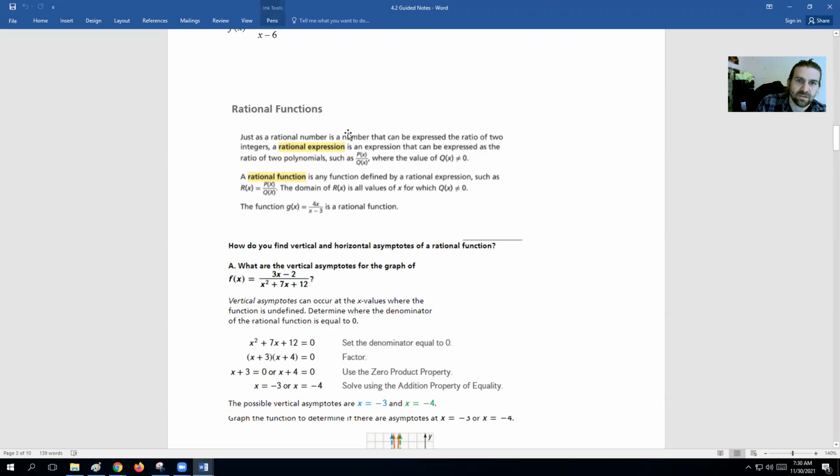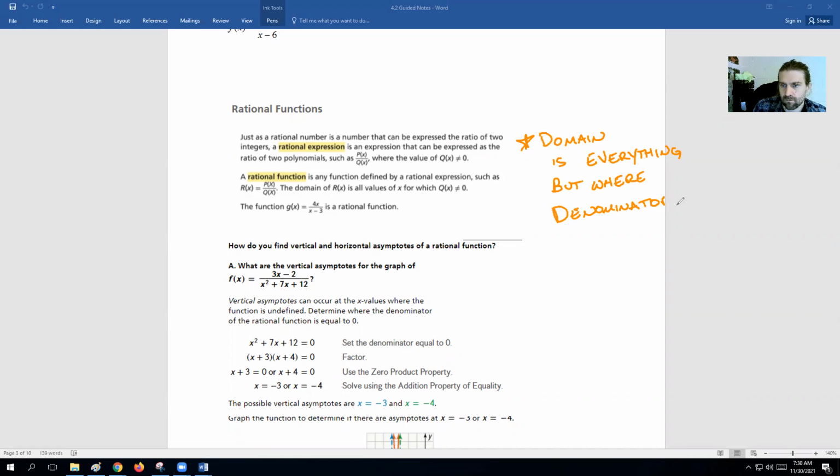All right, so the domain is everything but where the denominator equals 0.